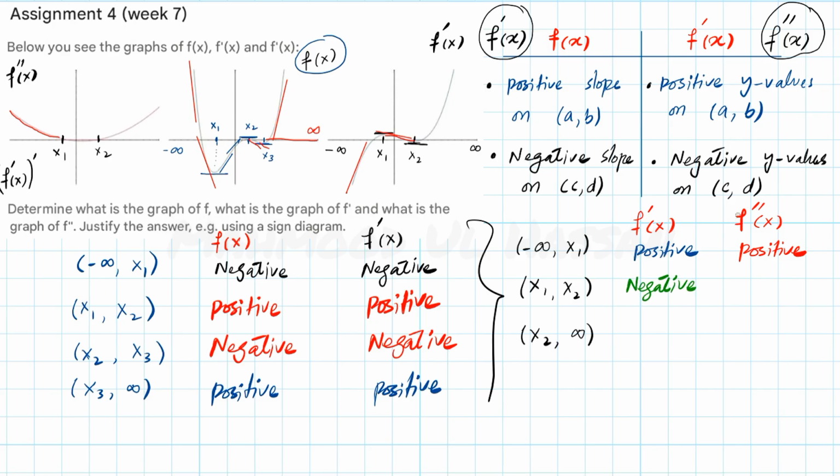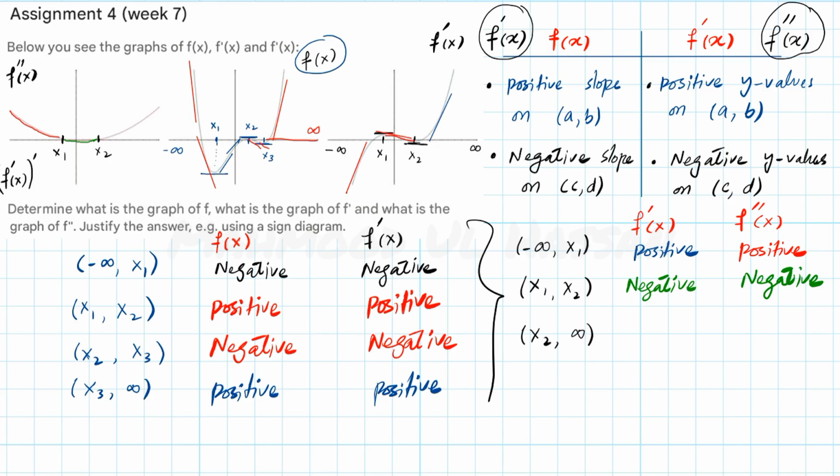And now we have to check the y values on this interval of f double prime of x. So you can see that it is below the x-axis. So we can say that the y values are negative. Okay. Now the last interval, that is x2 to infinity, and you can see clearly that in this interval, the slope of f prime of x is positive.